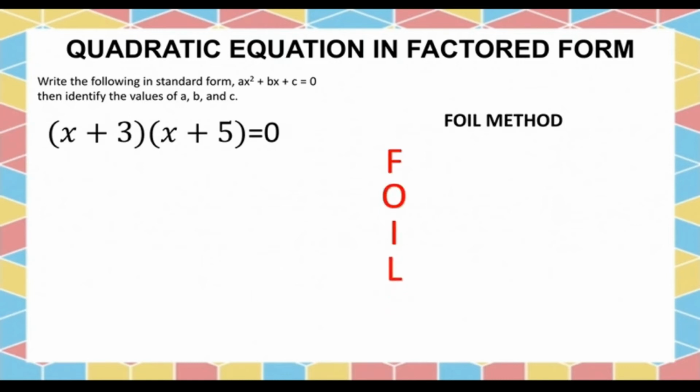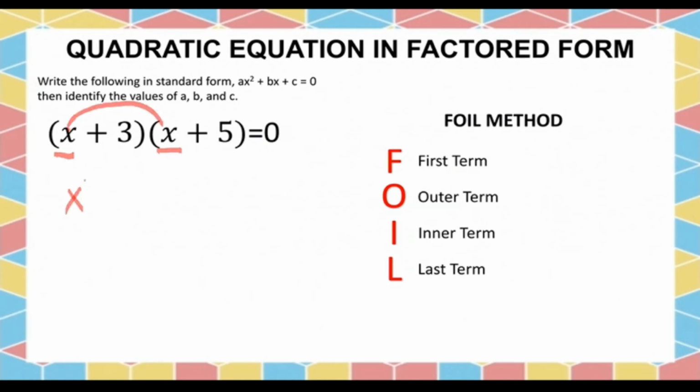F stands for the first term, O stands for the outer term, I stands for the inner term, and L stands for the last term. So the first term here, we have x times x. The product is x squared. The outer term is x times positive 5.